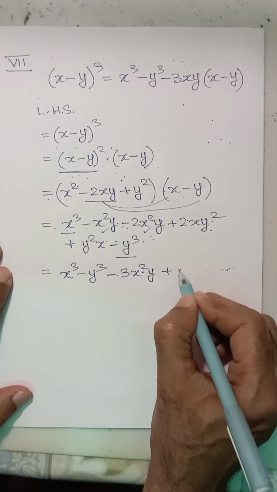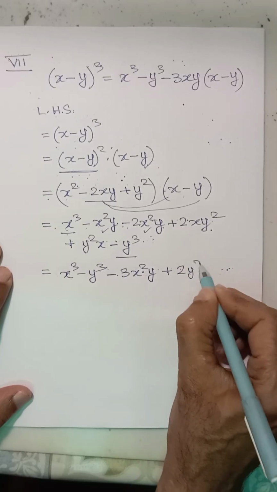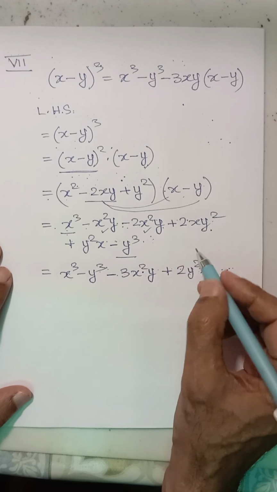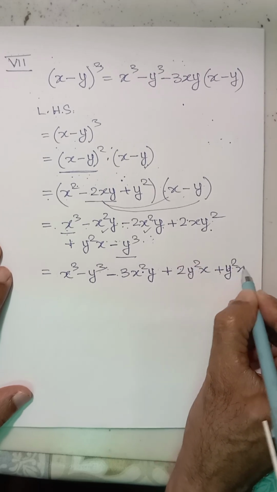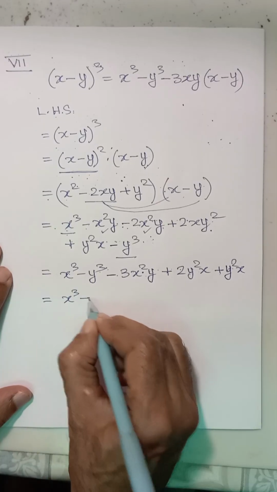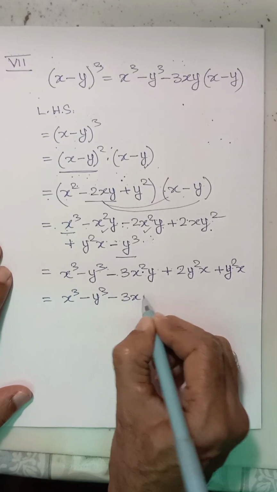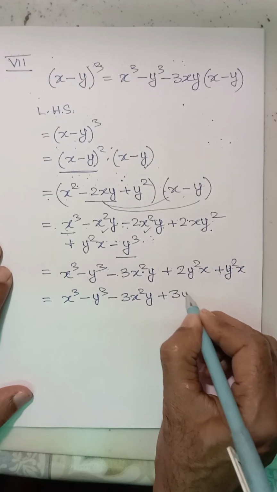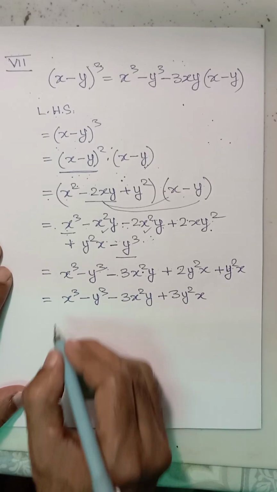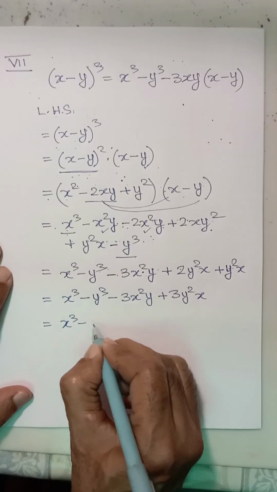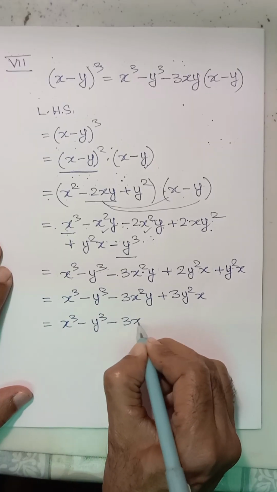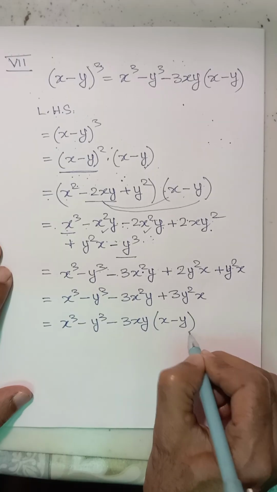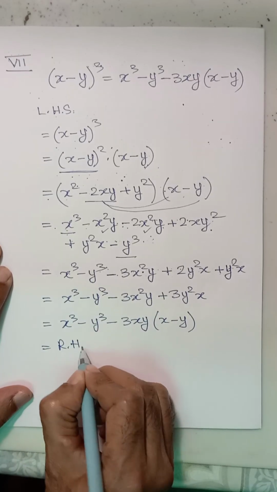And plus 2y²x plus y²x, as the commutative law holds, this will become x³ − y³ − 3x²y + 3y²x. So we'll take common: x³ − y³ − 3xy; if we take common, here we will get x, and here we will get −y, is equal to RHS. So we have proved the third also.